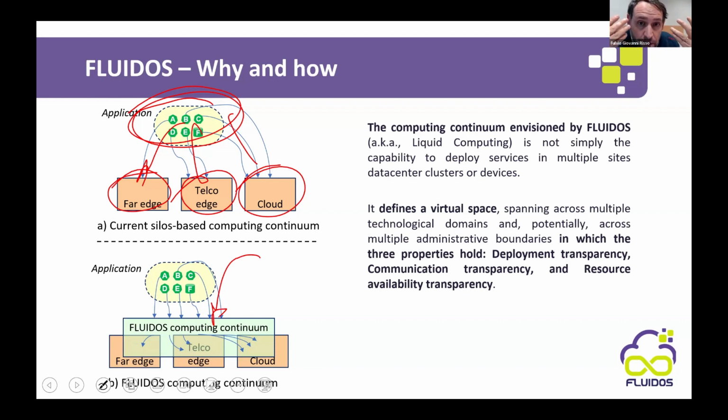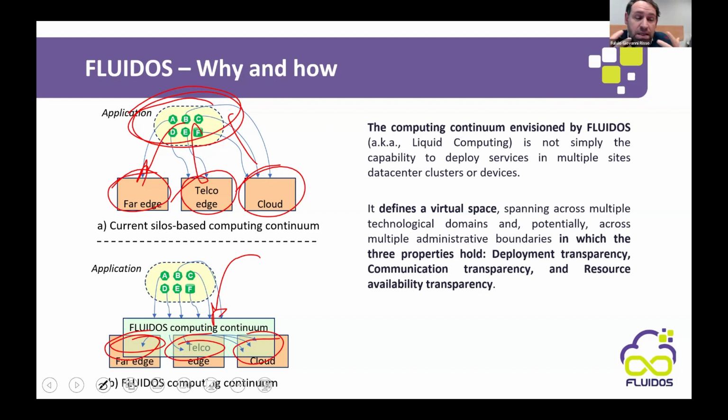So you just drop the application in there, and this meta orchestrator will automatically deploy some component in the far edge, some component in the telco, some component in the cloud, some component in my smartphone, and so on.